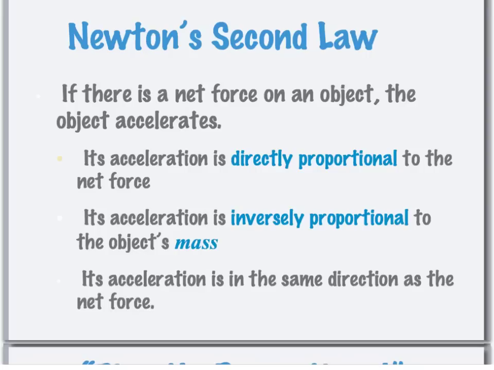In other words, if it accelerates twice the speed, that means it's twice the amount of force that's acting on it. However, the acceleration is inversely proportional to the mass, and we're going to look at that in the next slide. And also, you've got to keep in mind that acceleration is in the same direction as the net force.